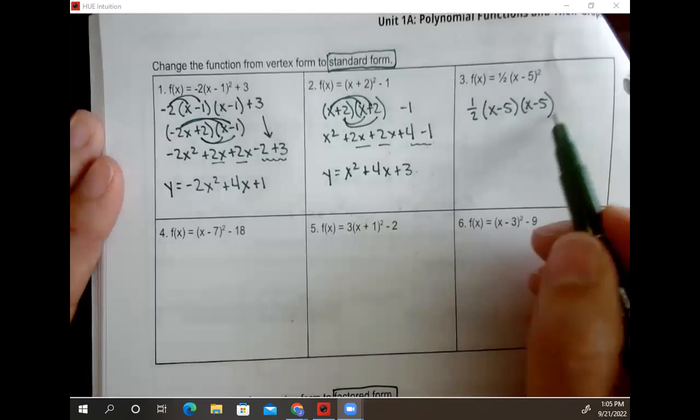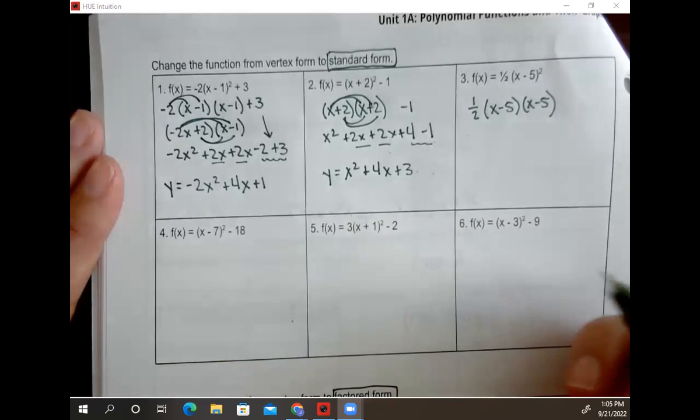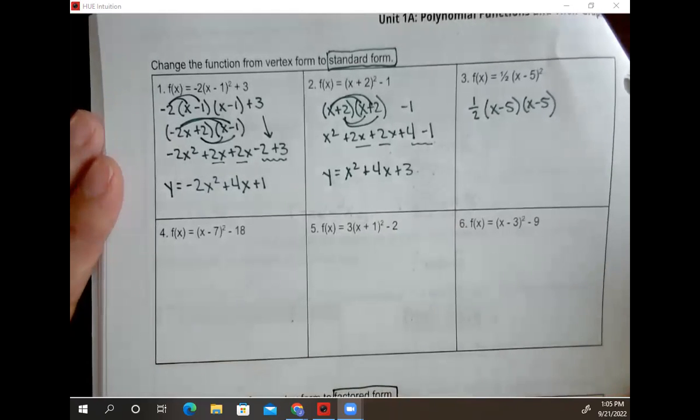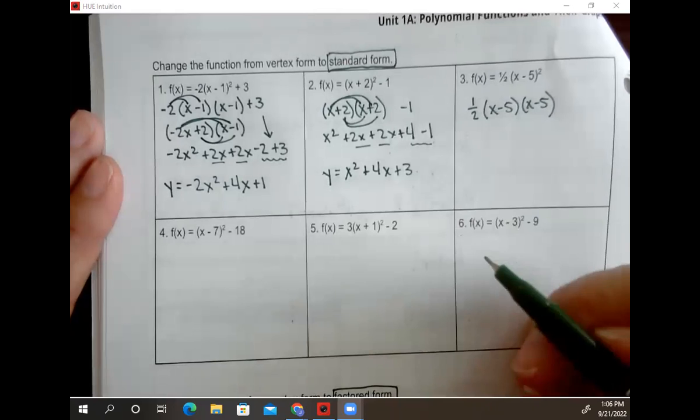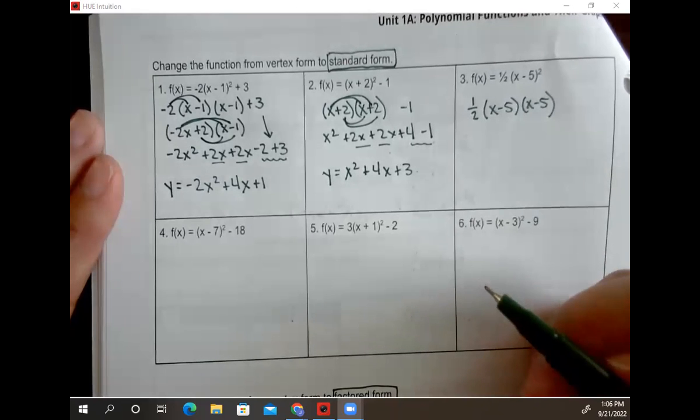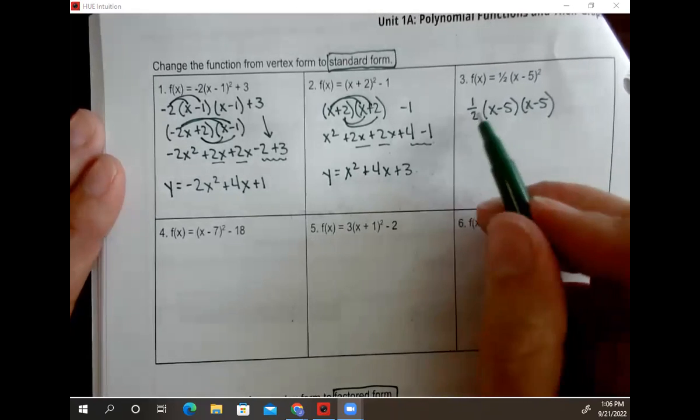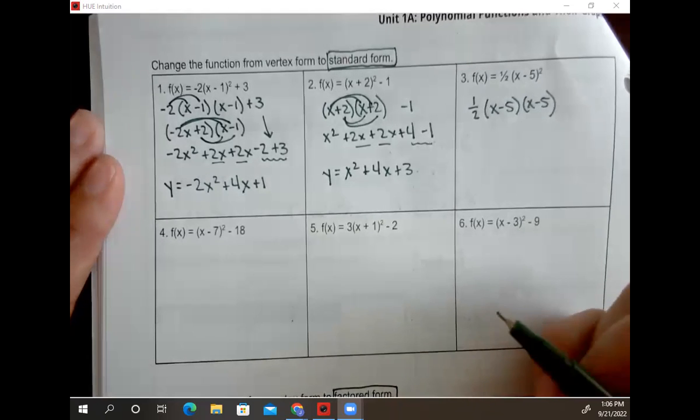I then have to multiply by another x minus 5. And maybe I'm not really digging having to multiply things that have a fraction attached to them if I don't have to. So another option is that you multiply these guys together first and save the 1/2 to the end. That's what I'm going to do here. I'd rather not have to mess with fractions until I absolutely have to.